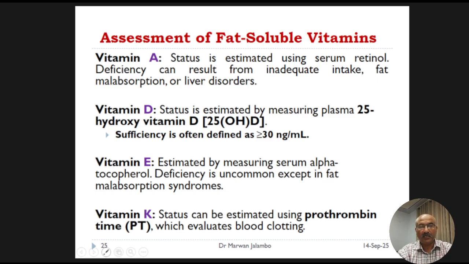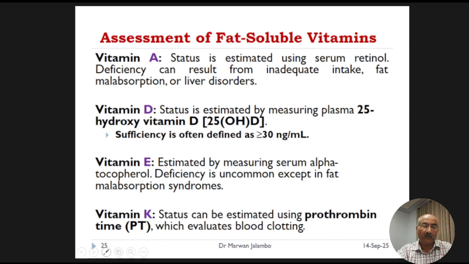For vitamin D, the standard test is plasma 25-hydroxy vitamin D. There is still some debate, but sufficiency is often defined as a level of vitamin D of 30 nanograms per ml or higher.